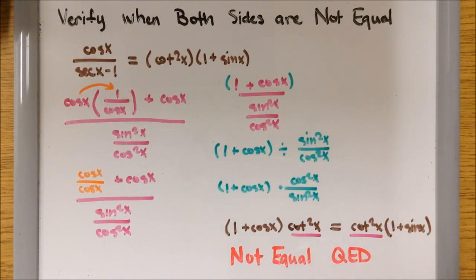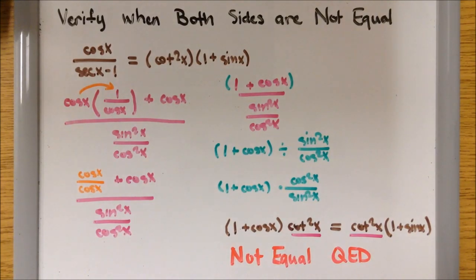Now, if you want to double check you did your work correctly, then just mess around with the right side. And if you're unsure how to mess around, it's always best to convert it into sine and cosine, and then see if you can manipulate it, multiply, distribute, add, subtract, and see if it matches up with the work that you did for the other side.